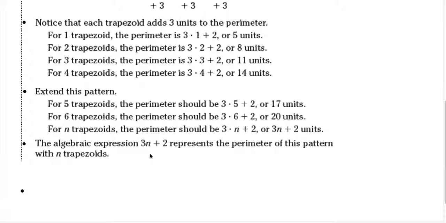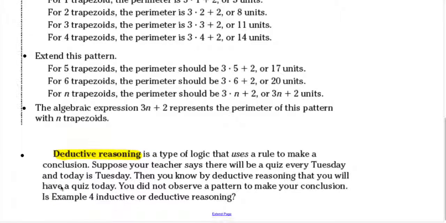Finally, the counterpart of inductive reasoning is what we call deductive reasoning. This type of logic uses a rule to make a conclusion. Suppose your teacher says there will be a quiz every Tuesday, and today is Tuesday. Then you know by deductive reasoning that you will have a quiz today. You did not observe a pattern to make your conclusion.